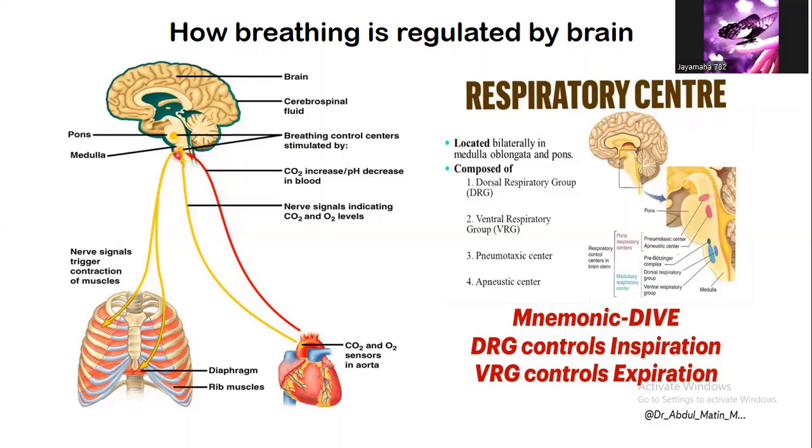If the carbon dioxide concentration is high, the brain stimulates respiration to expel the excess carbon dioxide. The brain sends nerve impulses down the spinal cord to your diaphragm and rib muscles, forcing them to contract. This contraction expands the lungs, drawing in fresh air. It means inhalation.